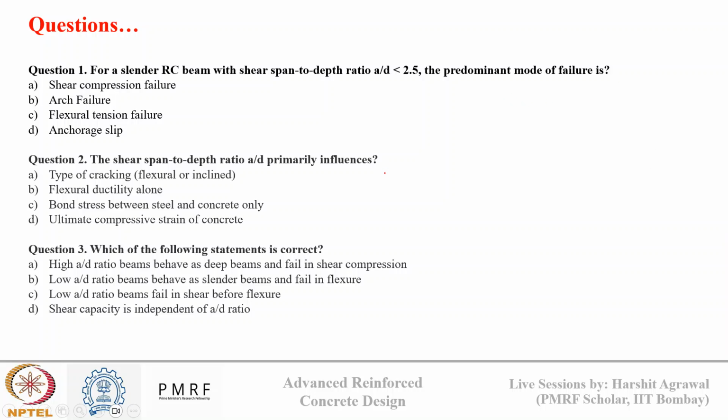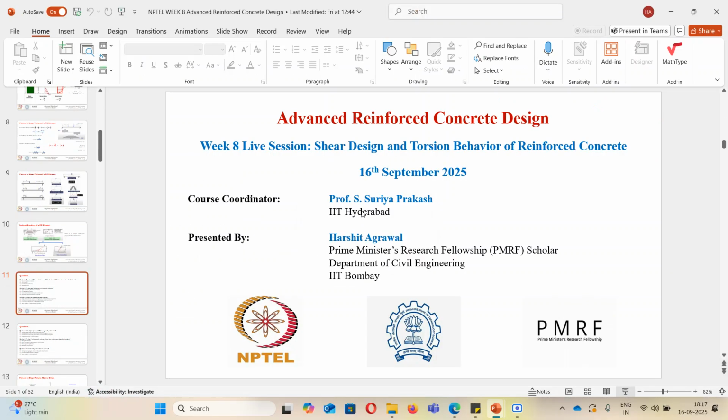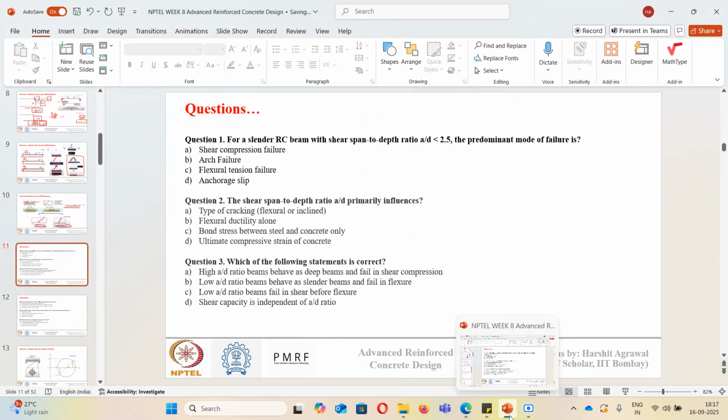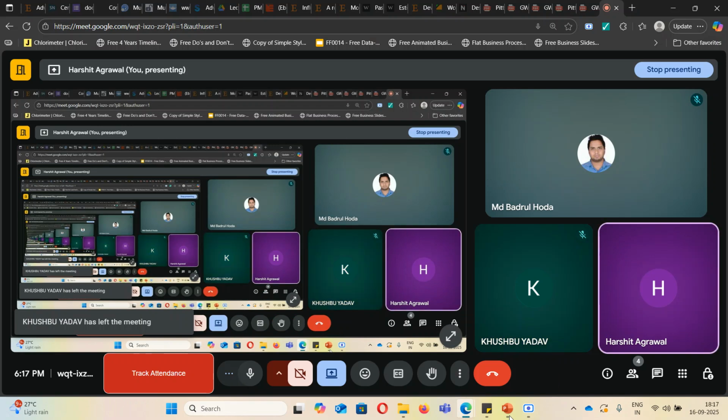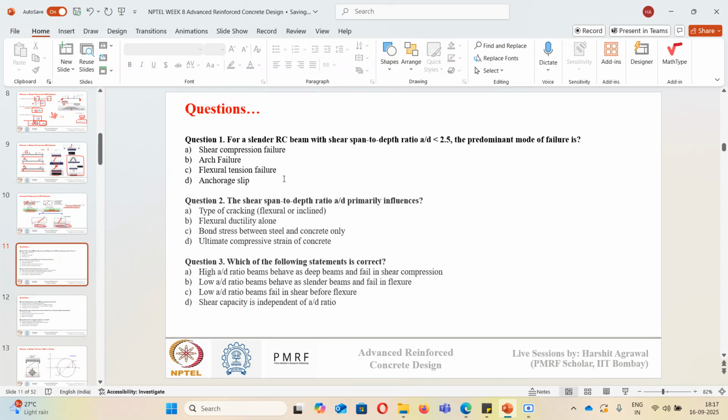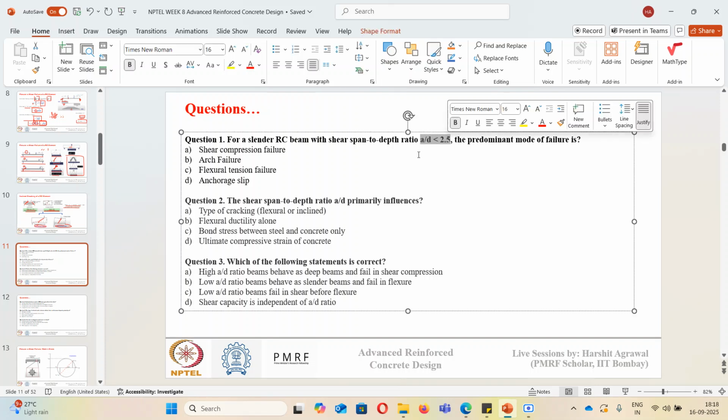So what will be the answer for this? Can any one of you tell me? A by D ratio is less than 2.5, so it means that the loading is acting very near to the support.